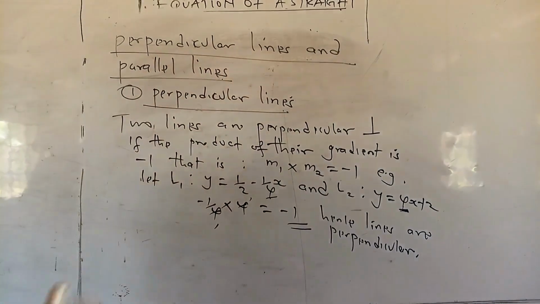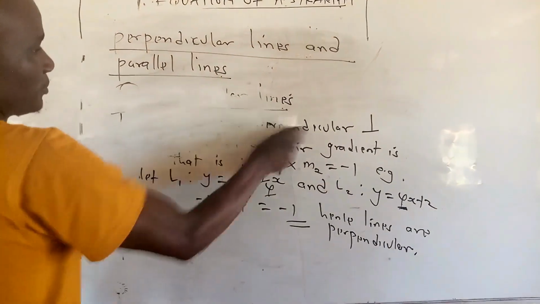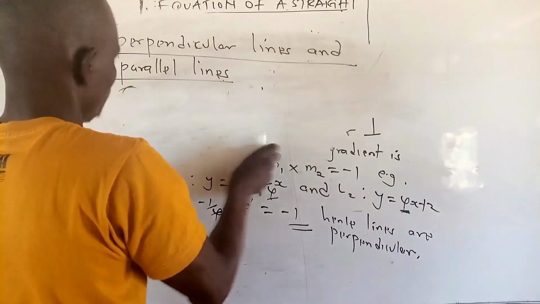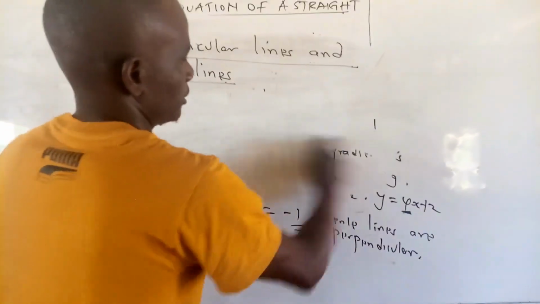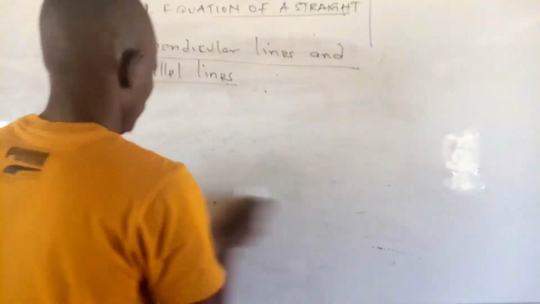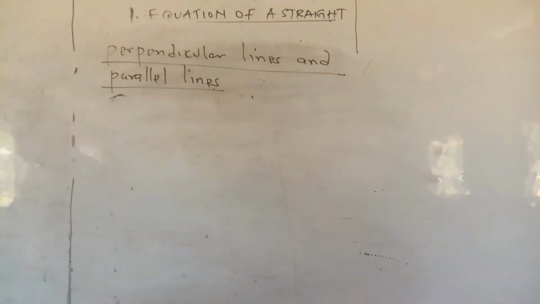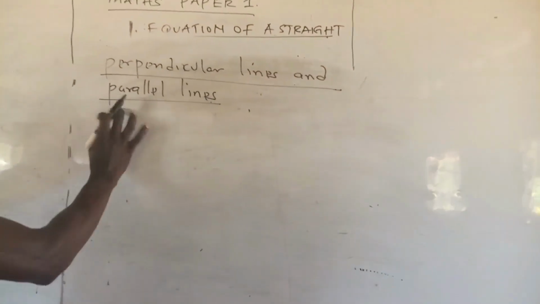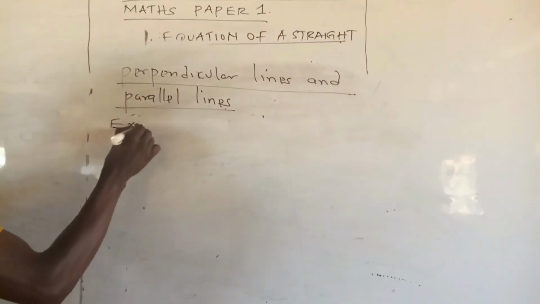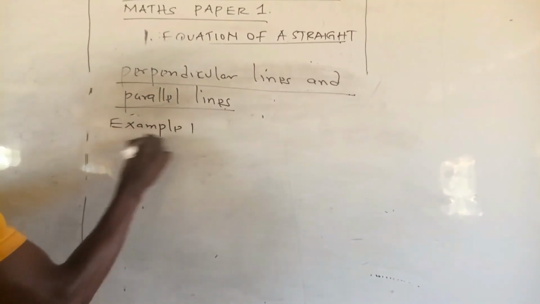So let's look at examples for the perpendicular lines. I'll look at two examples. Let's look at example 1.